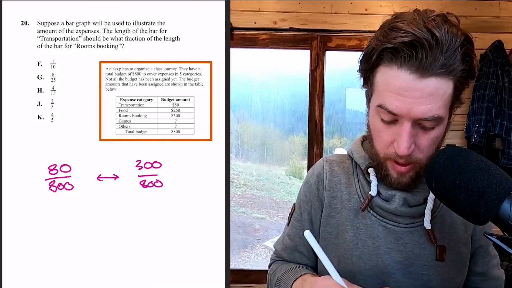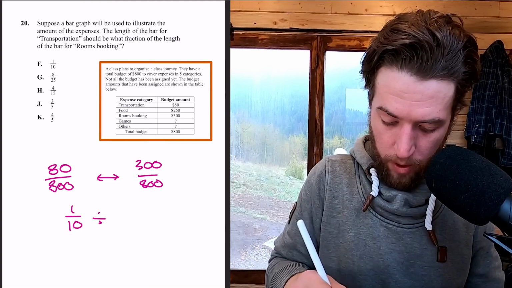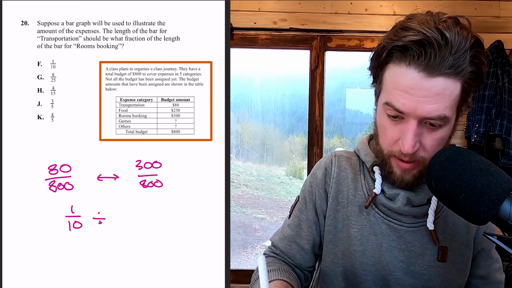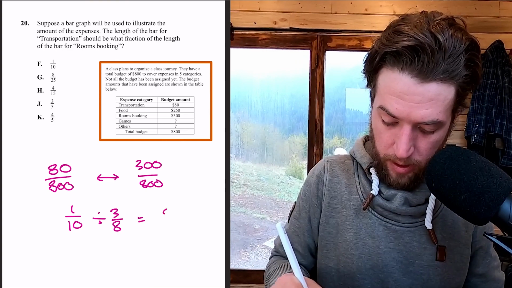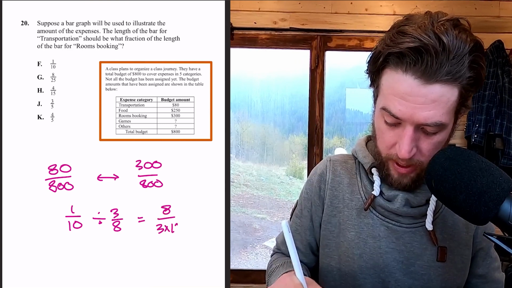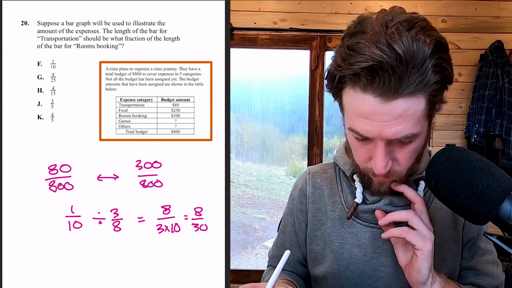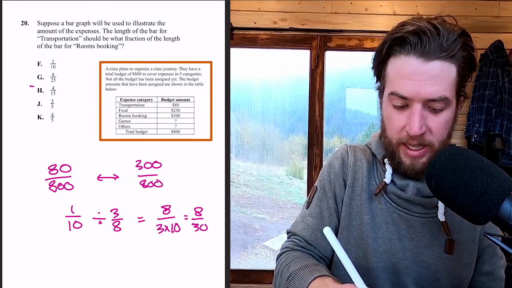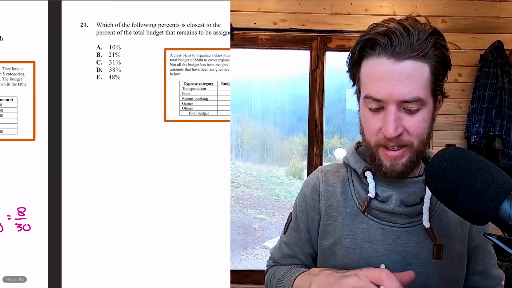So this is 1/10 divided by 3/8, which is 8 over 3 times 1 over 10, which is 8/30. Is that not what we just got? 4/15. It's simplified. Oh my gosh. Okay. On to the next.